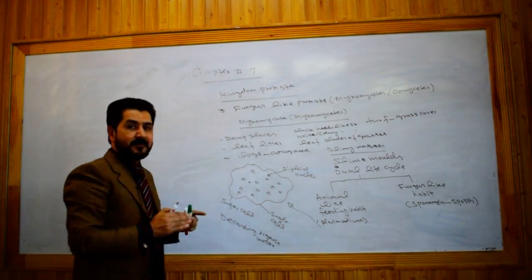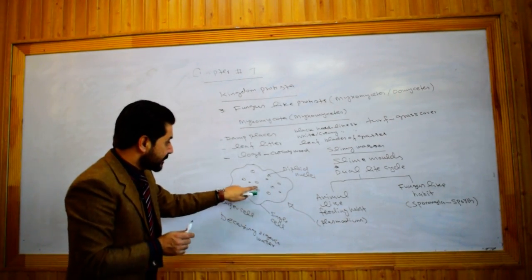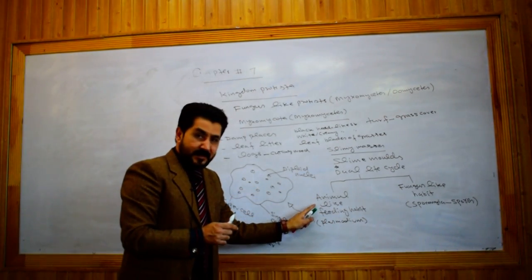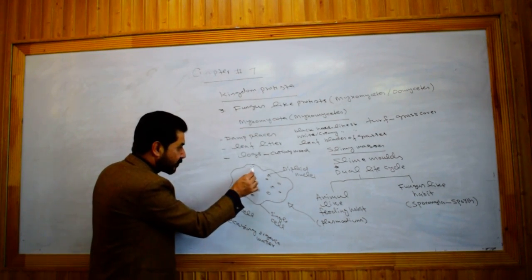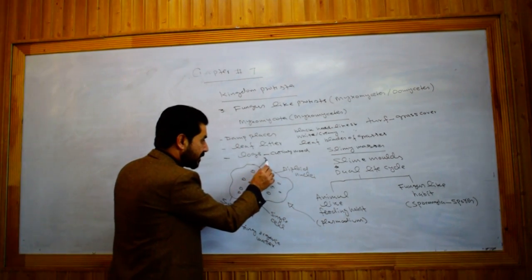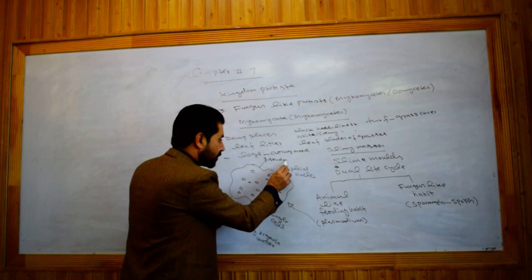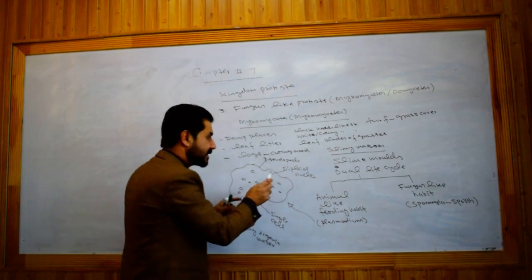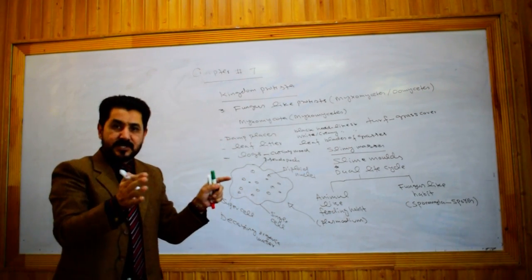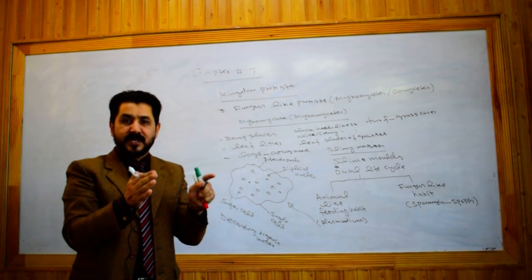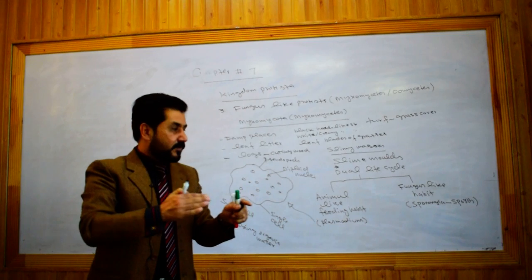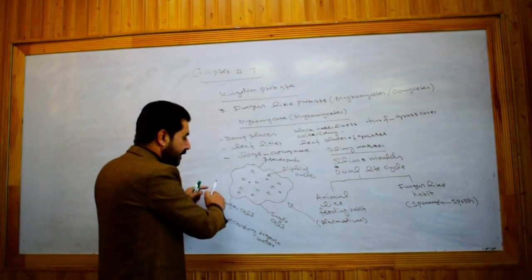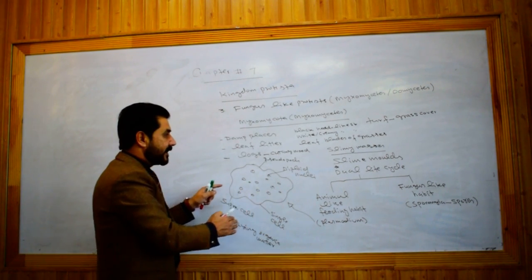At this stage it behaves like an animal because it forms pseudopodia. These are the pseudopods. Pseudopods are finger-like extensions, and by pseudopodia it gets its nourishment when it grows on decomposed organic matter.